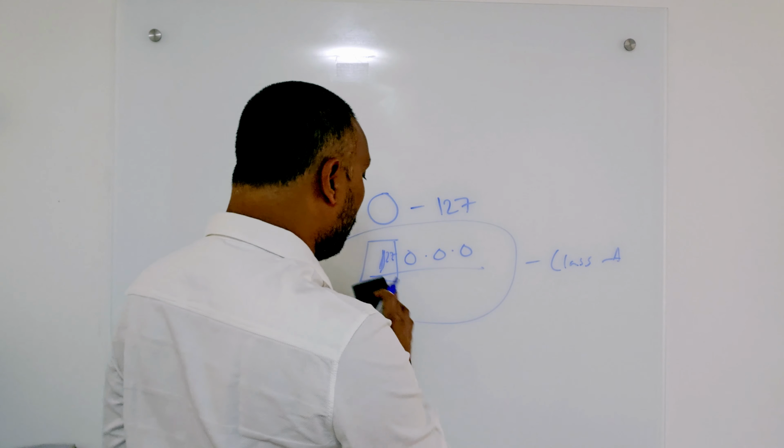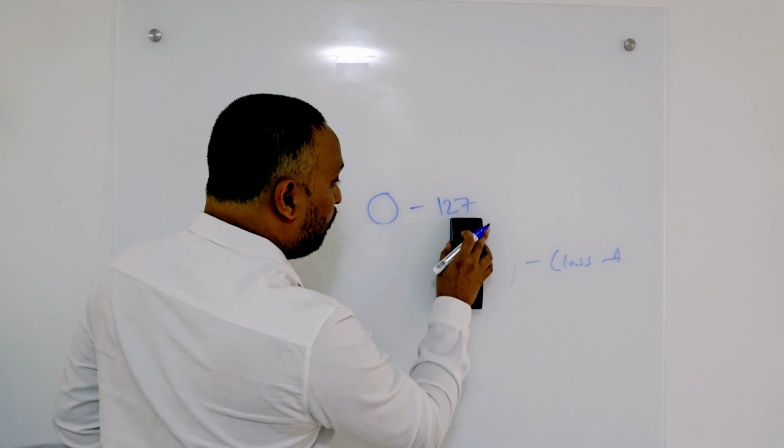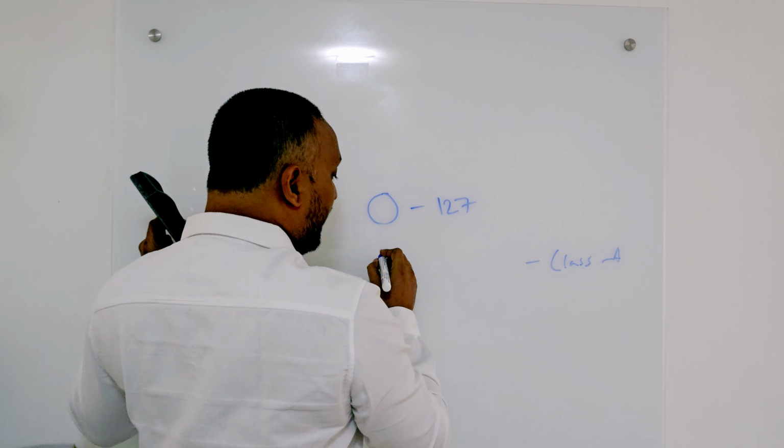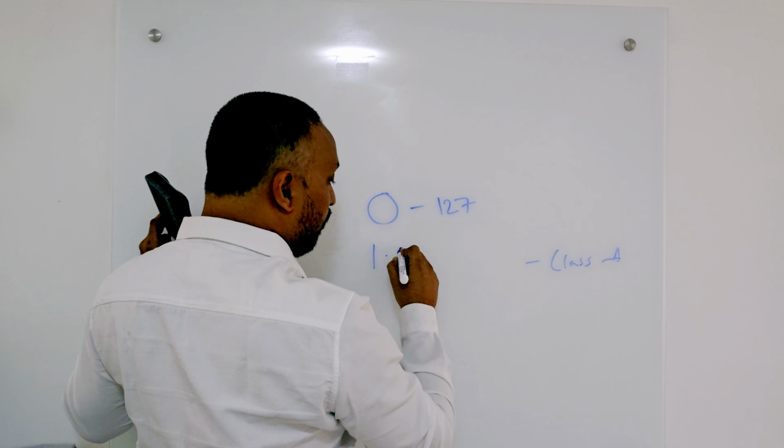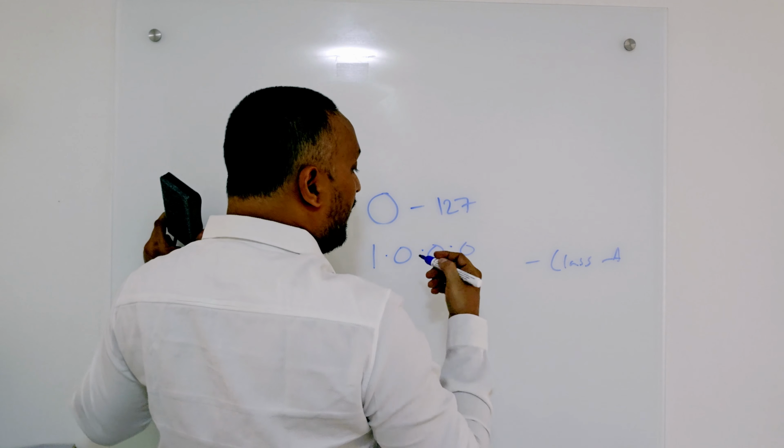Now how do we know what exactly the difference is? For example, I have a huge network and I am giving IP addresses.